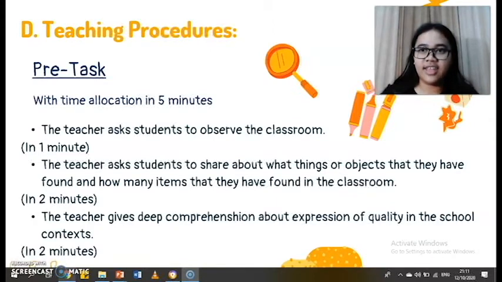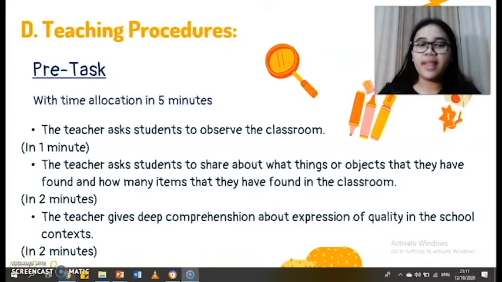The third, or the last, is the teacher gives deep comprehension about expressions of quantity in the school context, in 2 minutes. The rationale is the teacher gives students deep understanding about the topic by showing an item that the teacher found in the class.